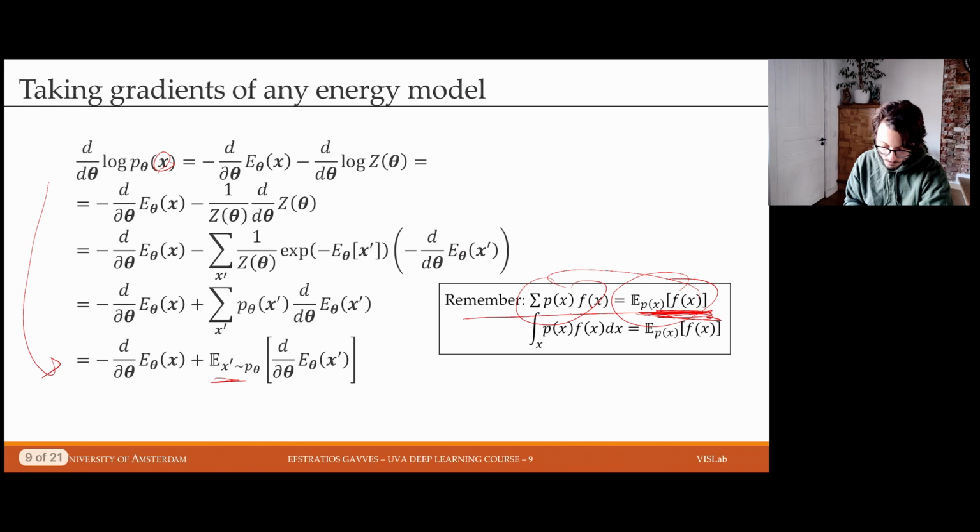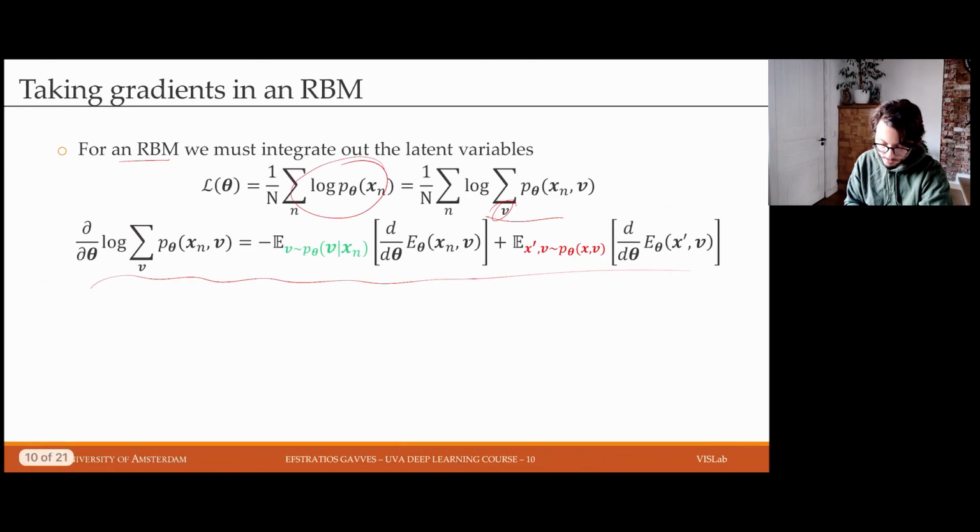Instead of having just the energy function, now we're going to average over our latent variables so that we integrate them out. And here again, our normalization constant does not depend only on summing over all possible images x prime, but also over all our latent variables.